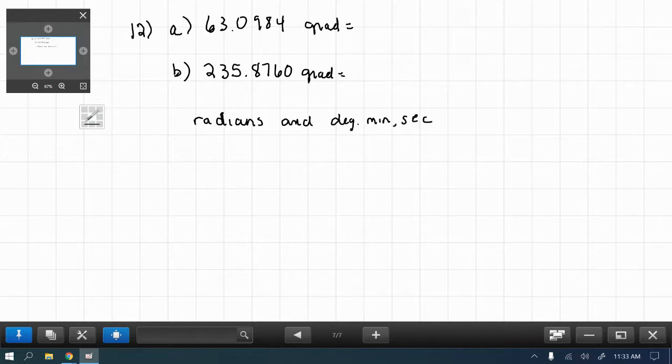Okay, so how many grads are in one revolution or 360 degrees? 400. Okay. So how would you solve this one? What's the easiest way to solve this one? 63 by 400. And that would put it in what, degrees, minutes, and seconds?